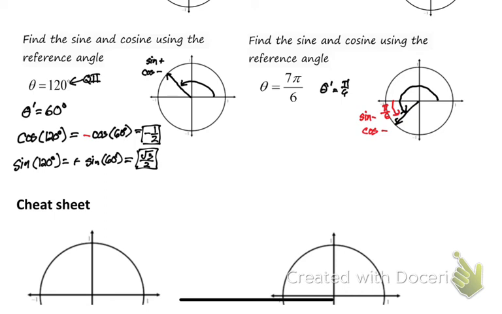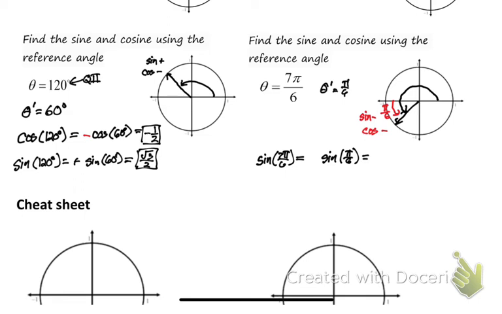So reference angle wise, we can go, the sine of 7 pi over 6. Is it going to be the exact same as sine of pi over 6? No. Listen to the question. Is it exactly the same? No. Because I'm going to say sine of pi over 6.